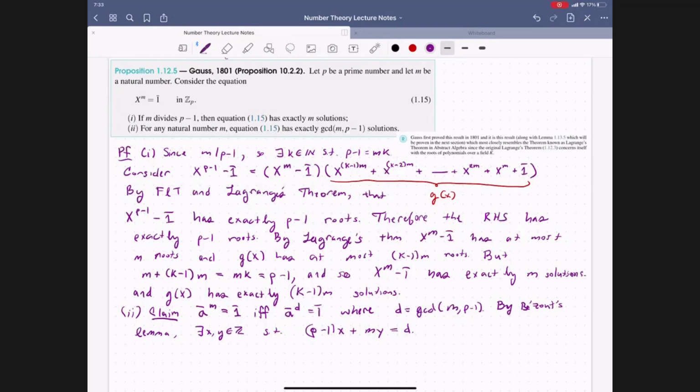So suppose that we have a bar to the m is equal to 1 bar.